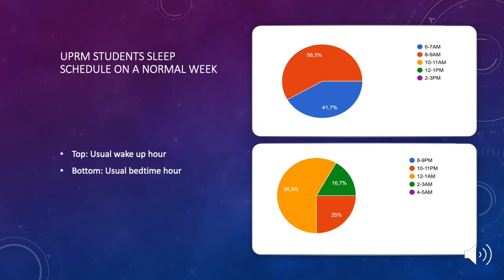In the bottom pie chart, we can see their usual bedtime hours. We can see that 58% go to bed between 12 and 1 a.m., 16% go to bed between 2 and 3 a.m., and 25% go to bed between 10 and 11 p.m. That's 75% of students that go to sleep between 12 and 3 a.m. This worries me, because if they wake up between 6 and 7 a.m., they are not getting enough sleep hours.